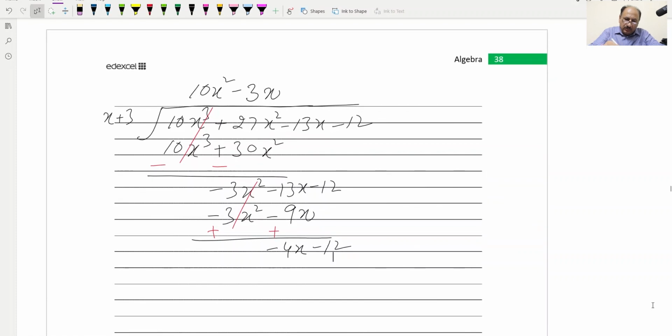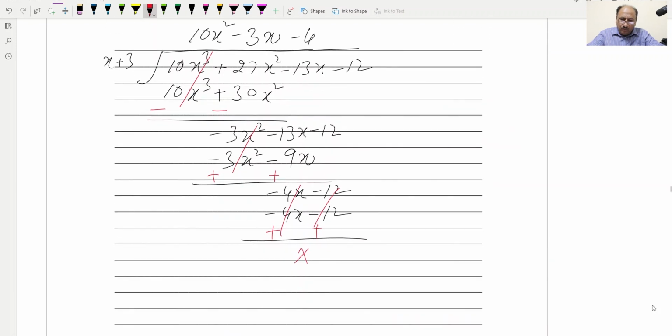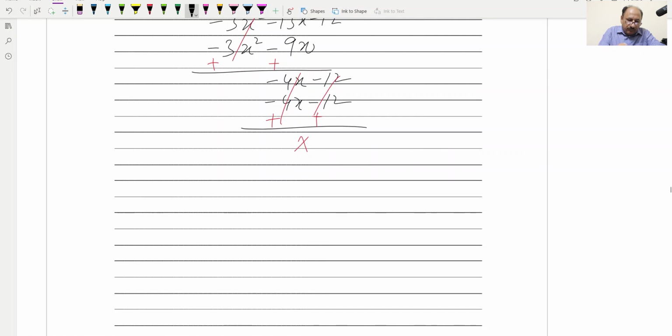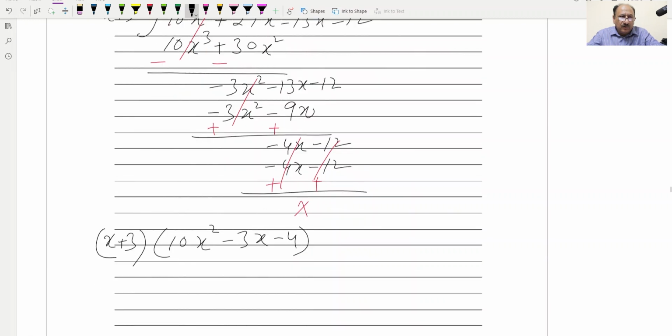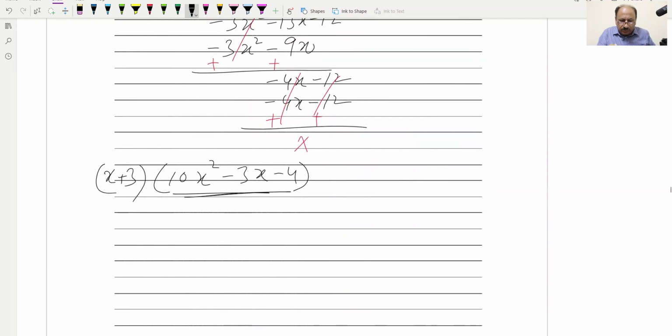We multiply by minus 4, giving minus 4x minus 12, change sign and cancel, and there is no remainder. So x plus 3 is one factor, and the second factor is 10x squared minus 3x minus 4, which we have to factorize completely.